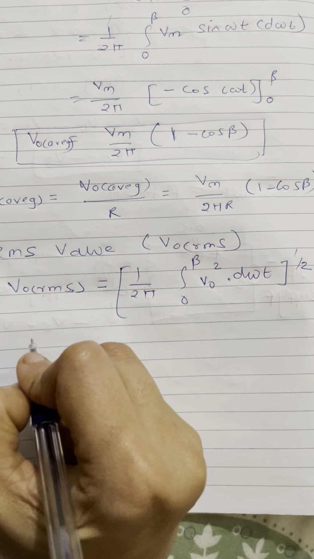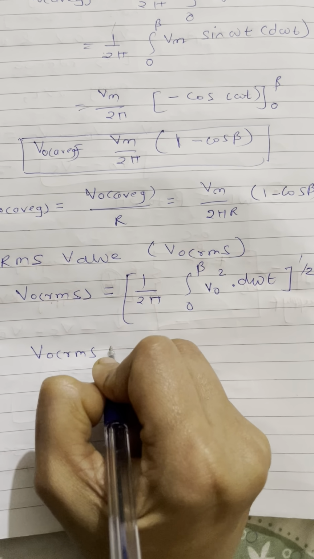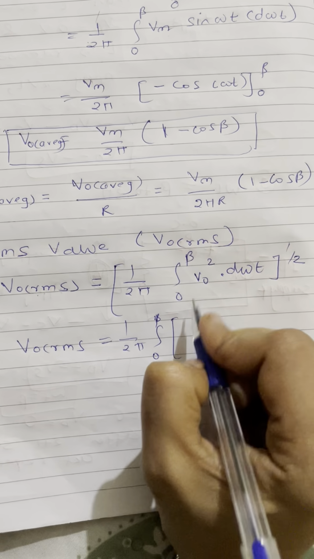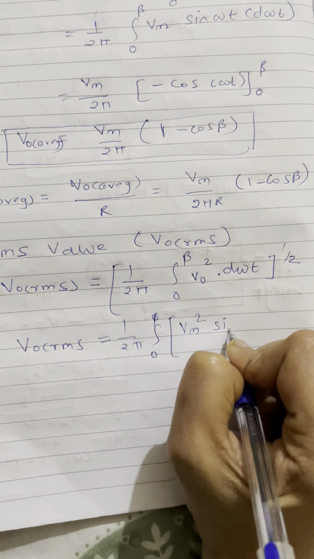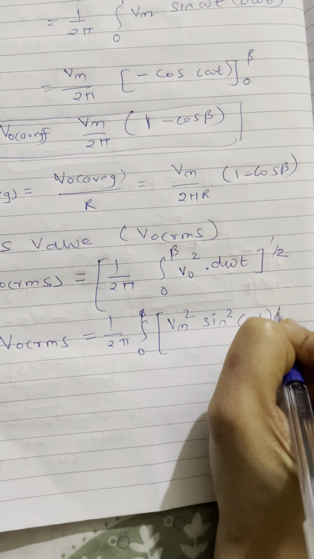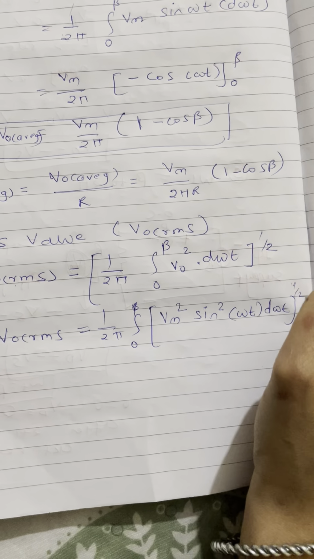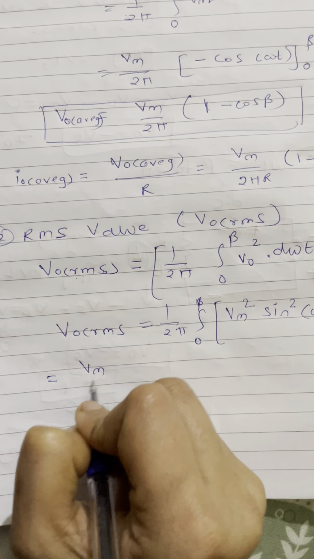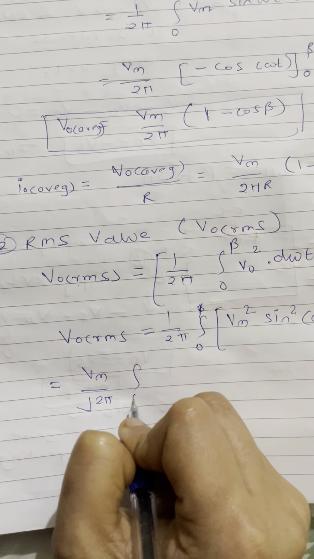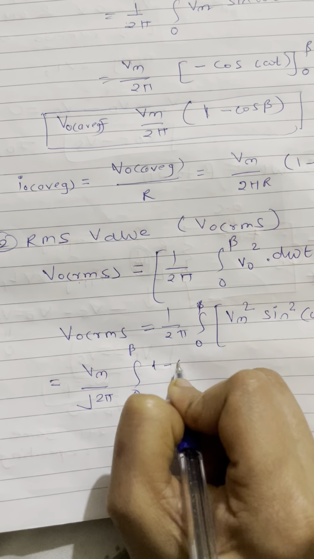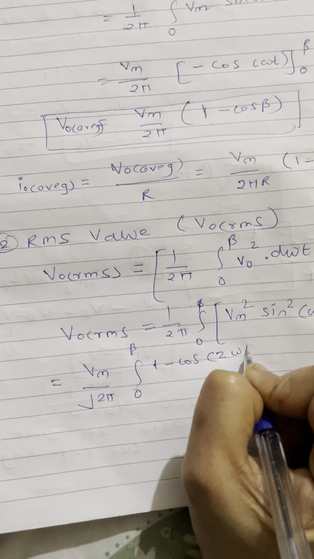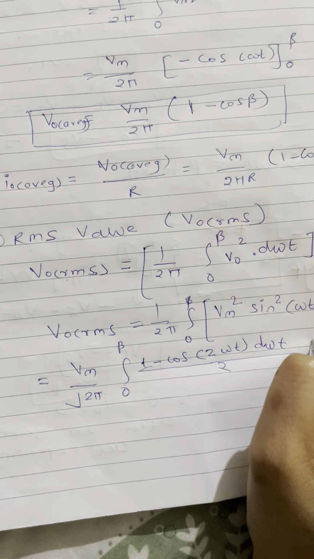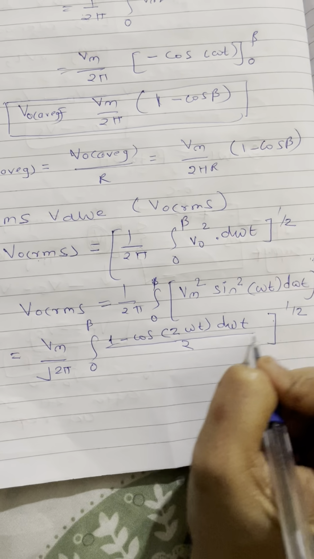Then find this equation. V0 RMS is equal to 1 upon 2 pi 0 to beta Vm square sin square omega t into d omega t, to the power 1 by 2. Then Vm upon root 2 pi 0 to beta 1 minus cos 2 omega t d omega t upon 2, and power is 1 by 2.